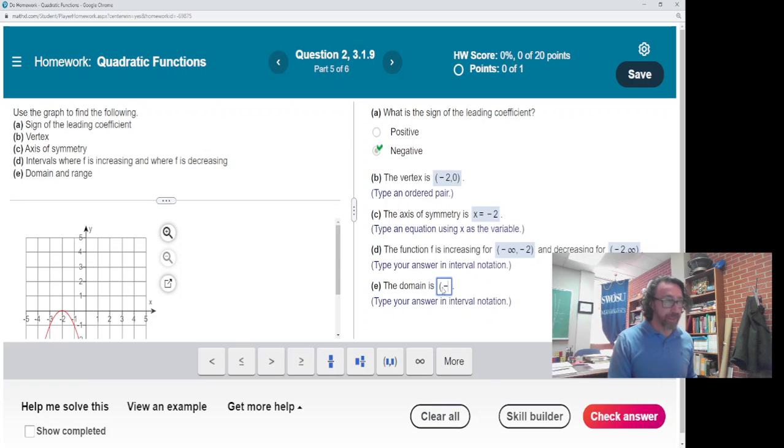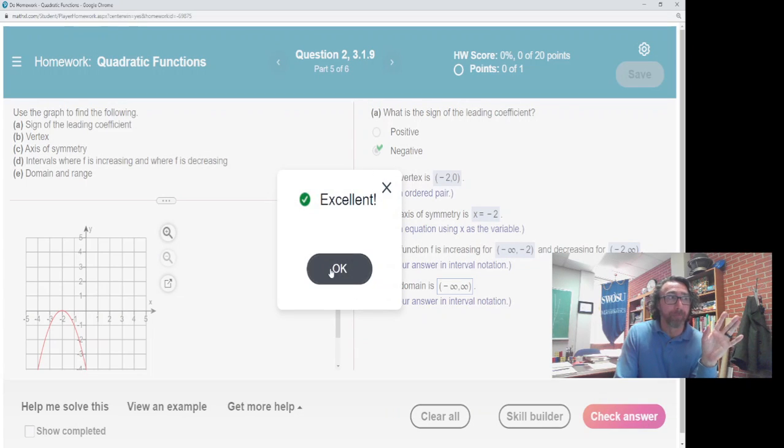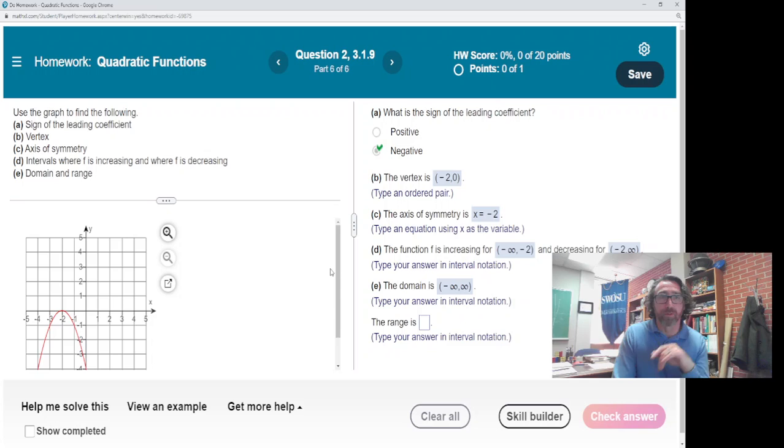The domain is -infinity to infinity. Okay, for any quadratic function, that will be the domain. You can use any x value that you want in your quadratic function. So the domain is all real numbers, -infinity to infinity every time, if you're dealing with a quadratic function.